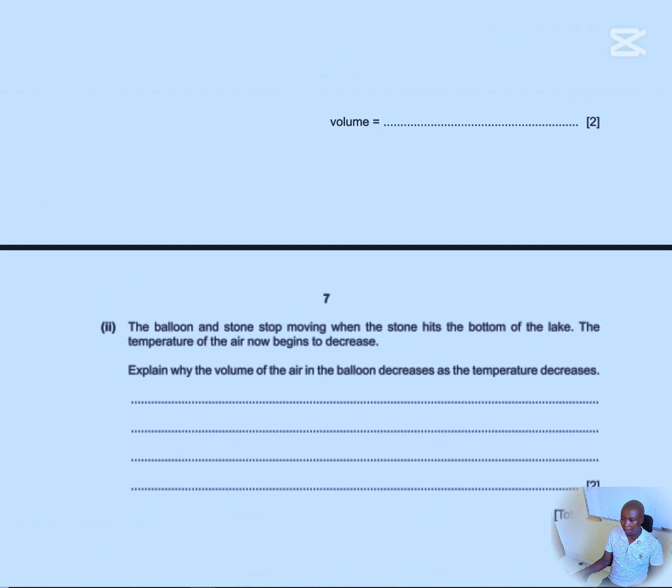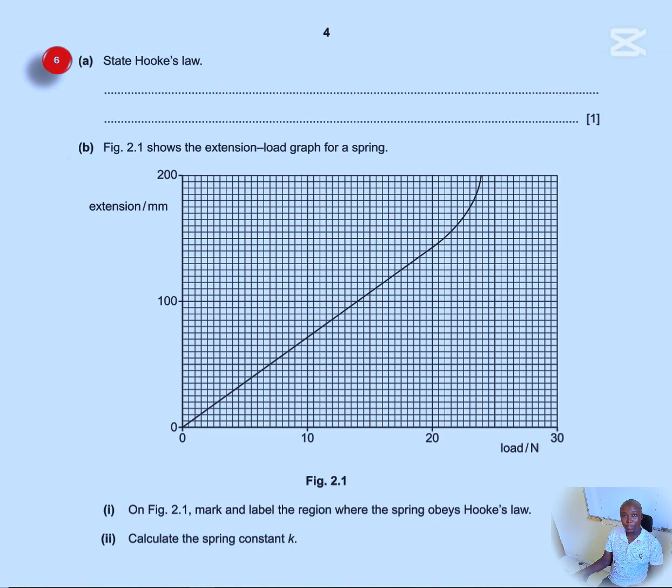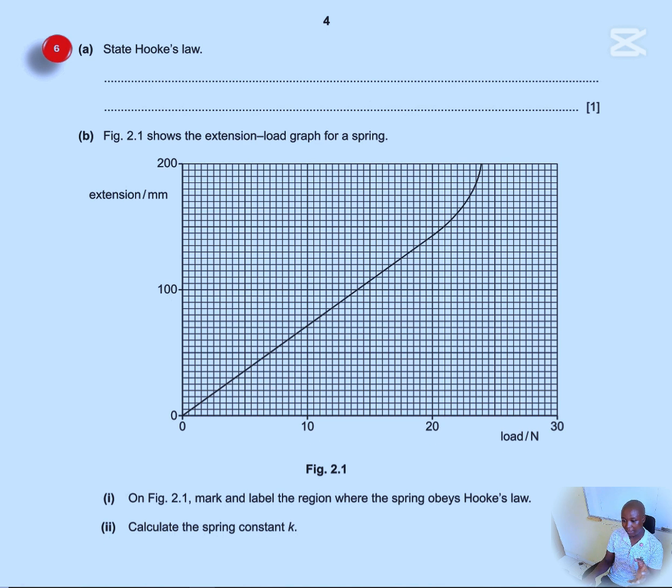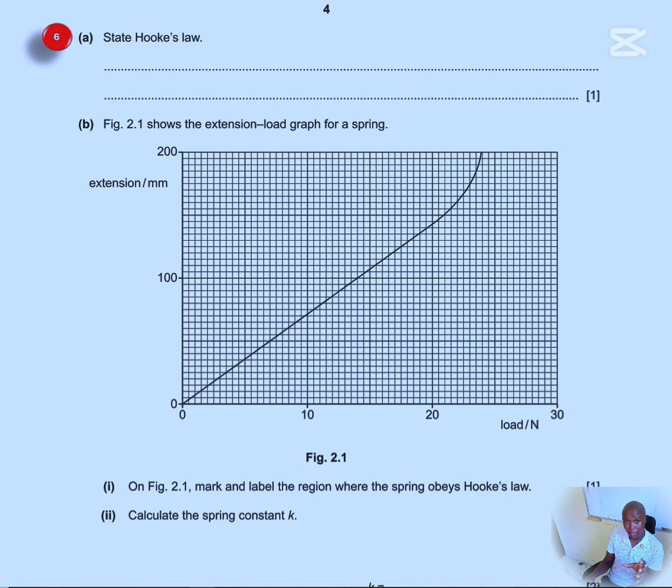There are more concepts that are also quite important. I've seen last year, of course, they asked about Hooke's law in the exam of March. Hooke's law was asked, and I think this is a concept most students find a bit difficult to understand. So you need to understand how to state Hooke's law, and how to use the graph to determine the spring constant.